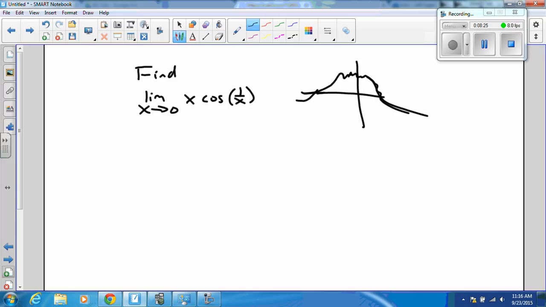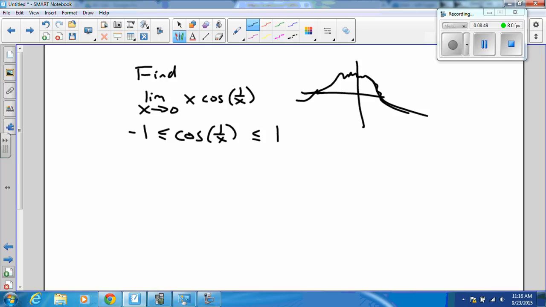And I consider that the function cosine 1 over x is trapped between -1 and 1. Because that is, what's our R word for this here? The range of the function of cosine. So again, cosine is trapped between -1 and 1.